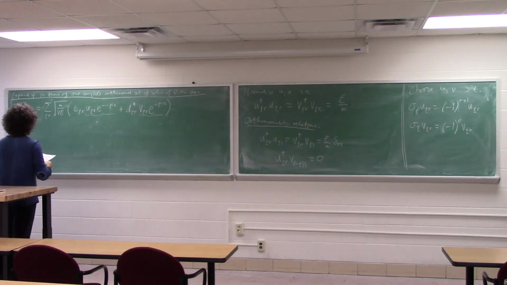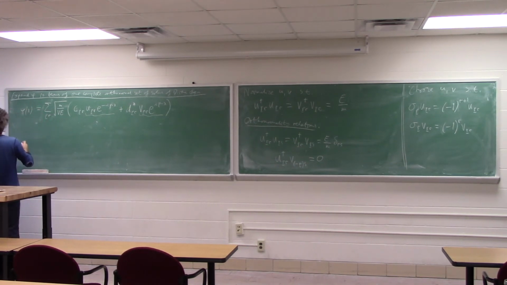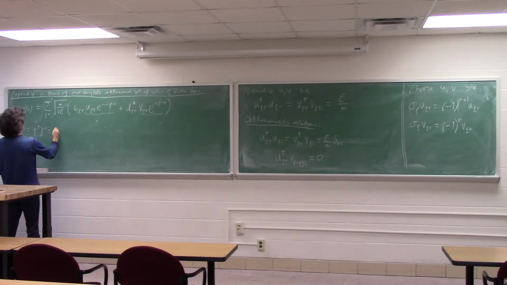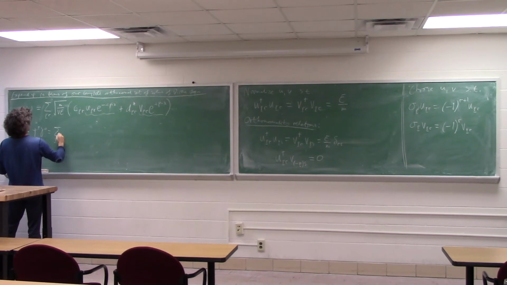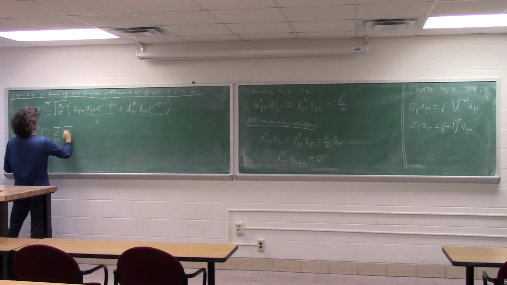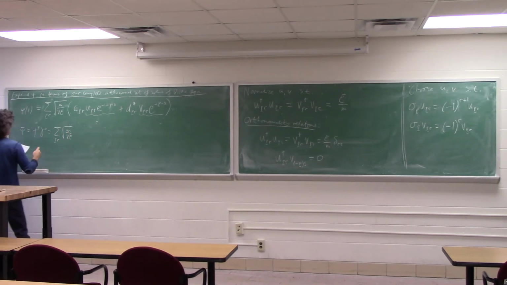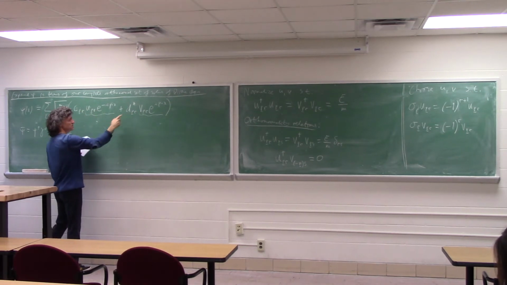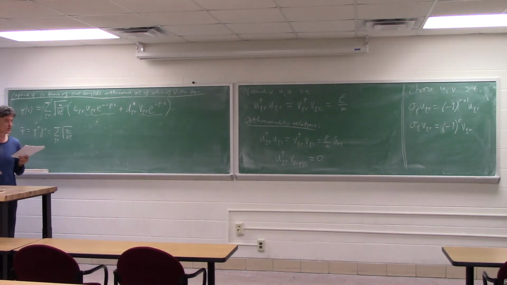Now, if you're interested in the conjugate field, which is just psi dagger gamma 0, this is equal to the sum over p, r root m over VE. So I have to take the dagger. Remember, these u's and v's are 4-component spinors. The c's and d's are just arbitrary coefficients.